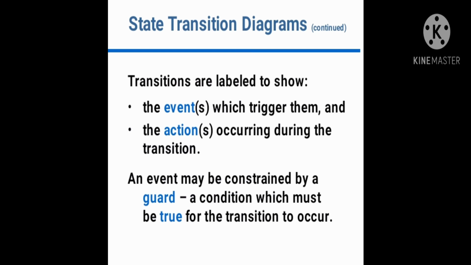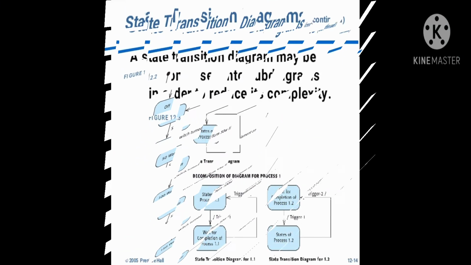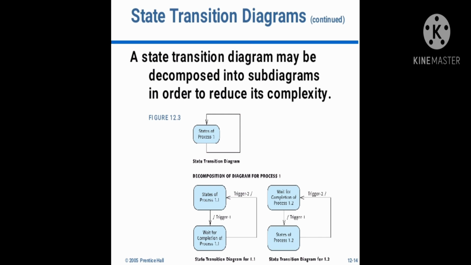An event may be constrained by a guard, a condition which must be true for the transition to occur. A state transition diagram may be decomposed into sub-diagrams in order to reduce its complexity.